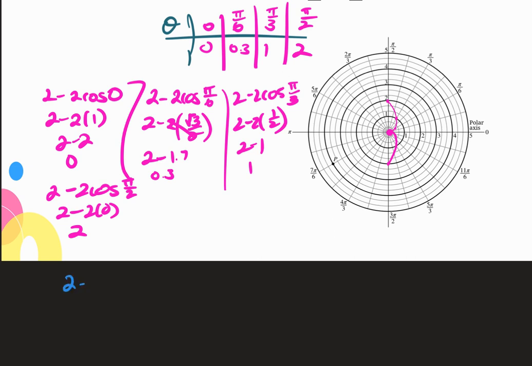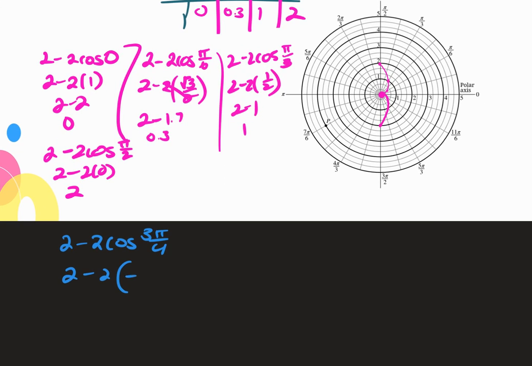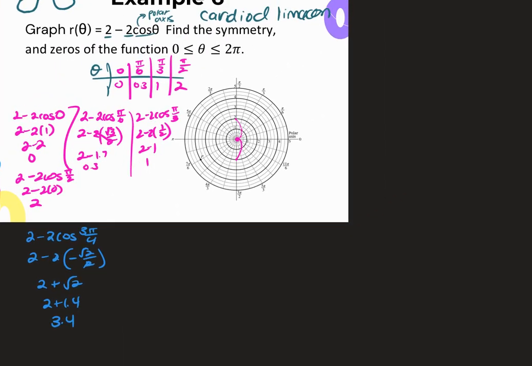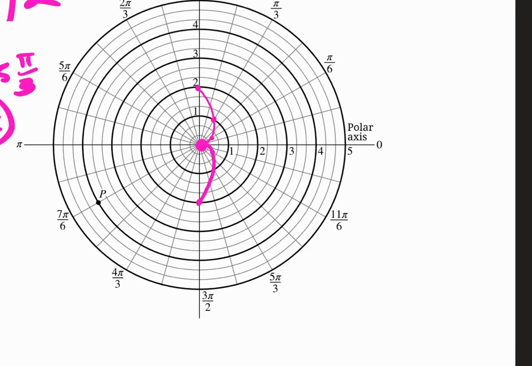So I would do 2 minus 2 cosine 3 pi over 4. The cosine of 3 pi over 4 is negative root 2 over 2. These cancel, and I get 2 minus a negative, so it becomes plus root 2. Root 2 we approximate as 1.4, and that's 3.4. So at 3 pi over 4, it's 3.4.